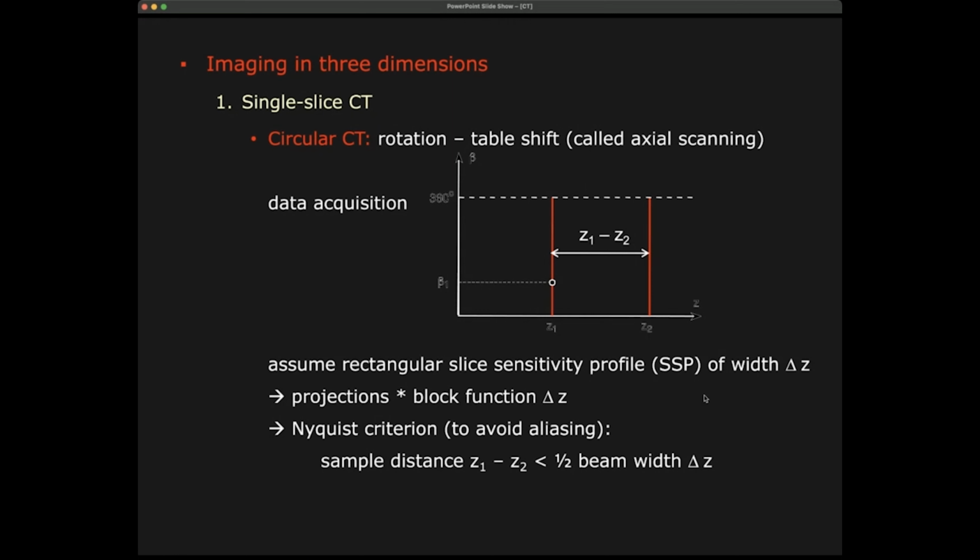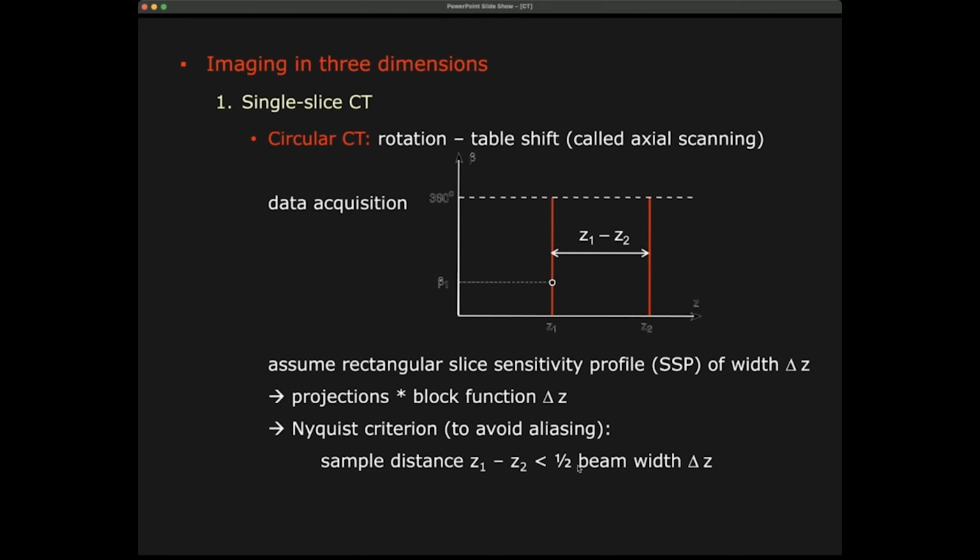So this way we can calculate different scans and go through a full body. Keep in mind that if we want to resolve it fully, the distance between the scans needs to be less than half the beam width, because otherwise we would have parts of the body that we do not scan.